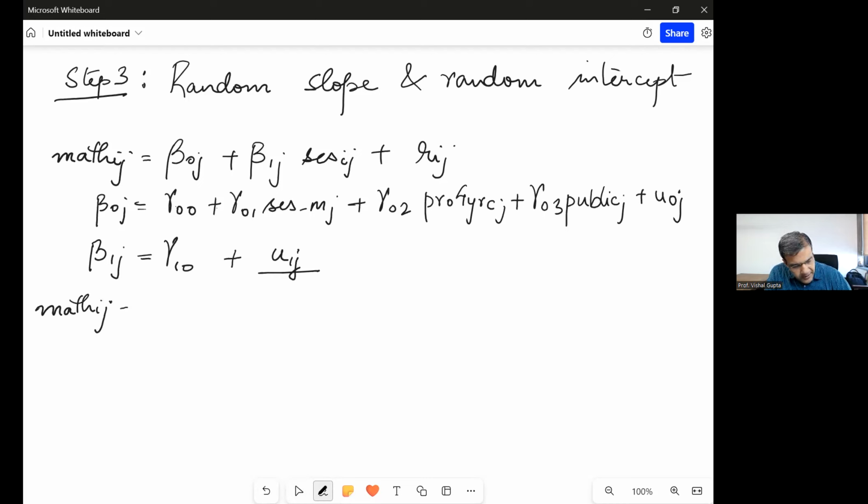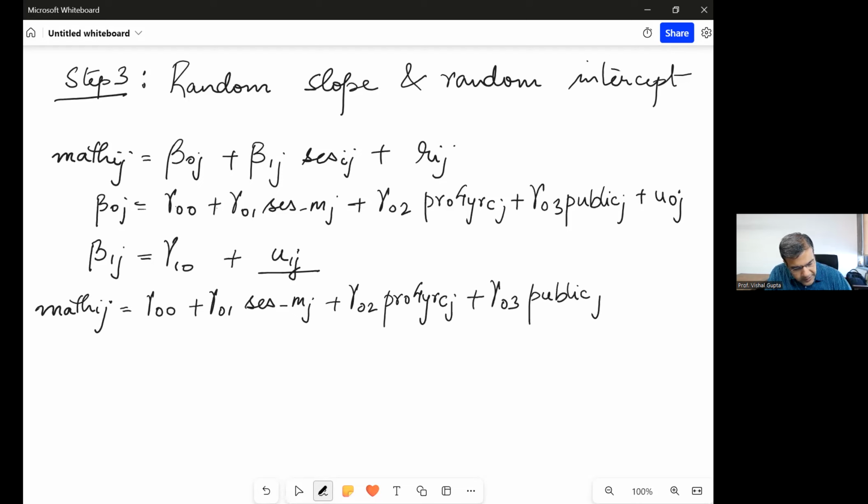Math ij is equal to gamma 00 plus gamma 01 ses mean j plus gamma 02 pro 4-year college j plus gamma 03 public j plus gamma 10 ses ij plus u0j.